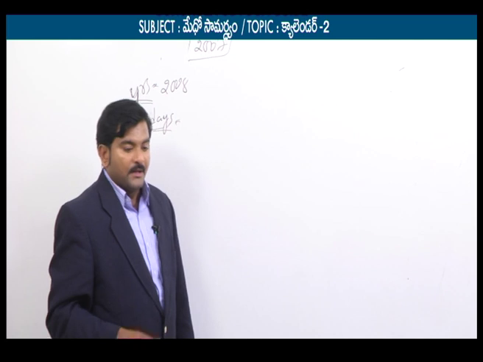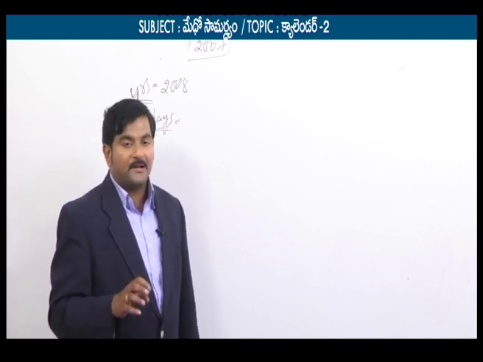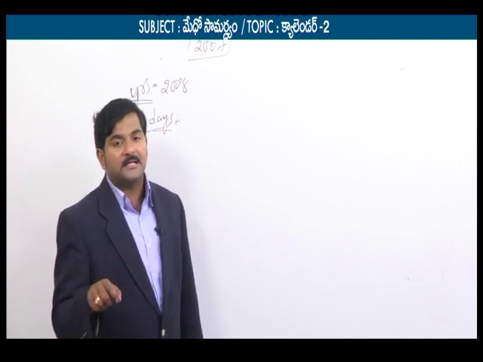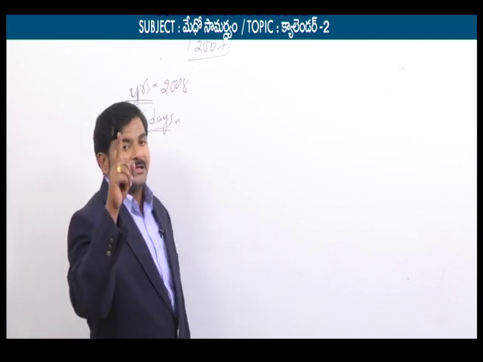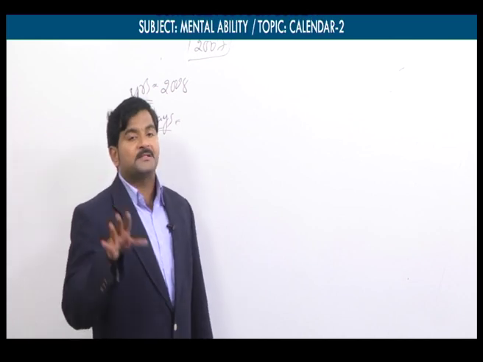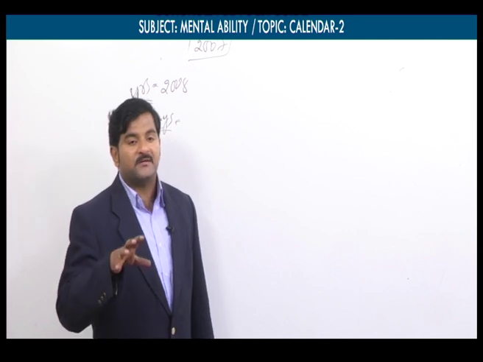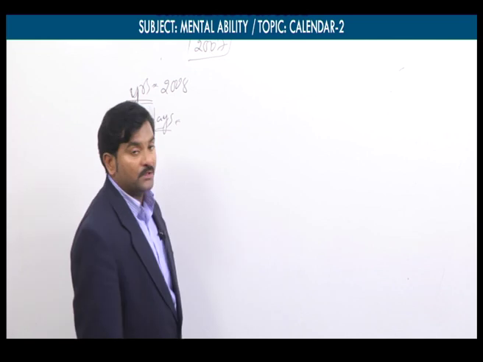What was it? A leap year has 2 odd days, an ordinary year has only 1 odd day, because an ordinary year has 365 days. Dividing 365 by 7, I get only 1 odd day or 1 extra day. If it is a leap year, we have 2 odd days. అది లీప్ సంవత్సరం అయితే 366 డేస్ ఉంటాయి, దాంట్లో వచ్చే అదనపు రోజులు 2.